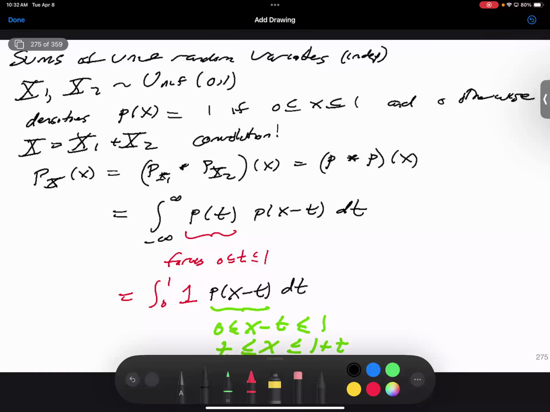So if x is 1.5, and I want x minus t between 0 and 1, what's the smallest t could be? 0.5. What's the largest t could be? 1.5, which is not entirely in the interval 0, 1. So unfortunately, with the restriction of x minus t between 0 and 1, not all values of t are going to necessarily work depending on what x is.